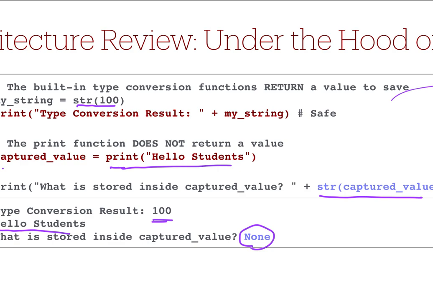Okay. So None means, mathematically, an empty set. So that is what is returned by the print function. So this is the behavior of the print function. It may receive some argument like a text string, then that text string will be displayed on the screen. And that's the role of the print function.